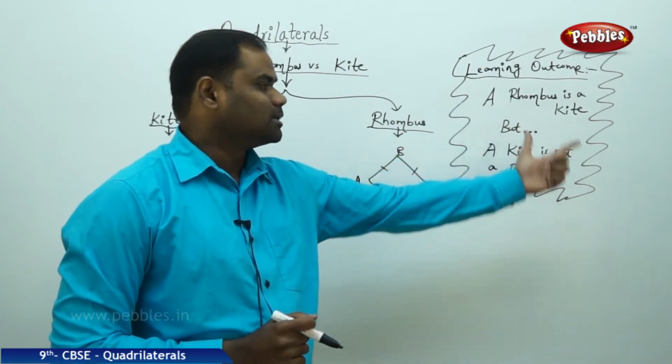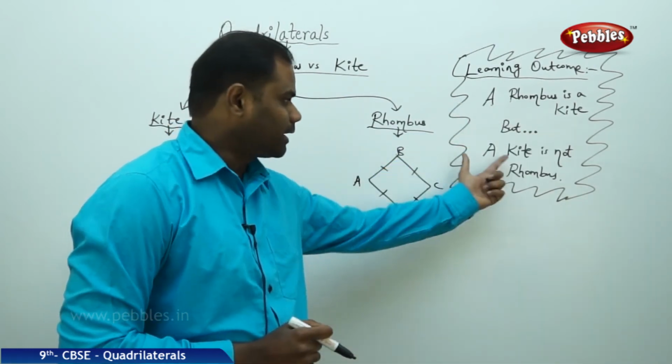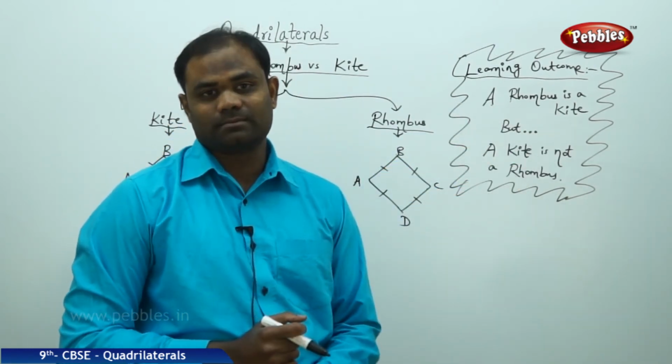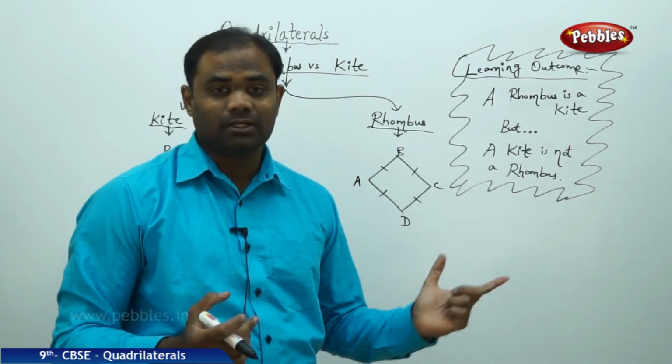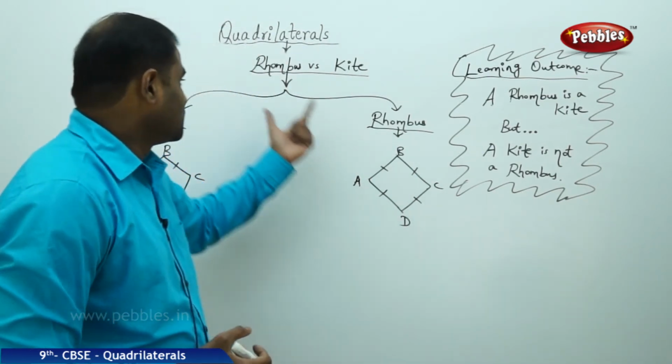A rhombus is a kite, but a kite is not a rhombus, is how the learning outcome relates a rhombus and a kite.